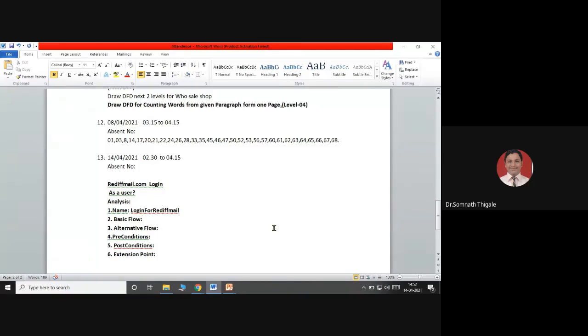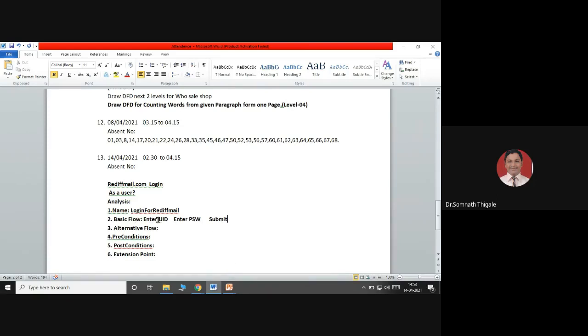What will be my basic flow? My basic flow will be very simple. The first step is enter user ID. Next step will be enter password. And next step will be click on the submit button, that is the sign in button.